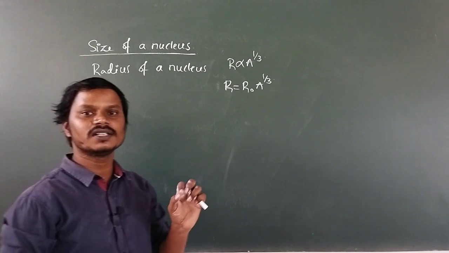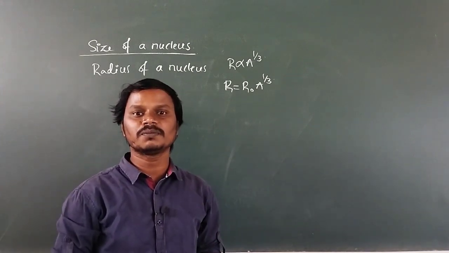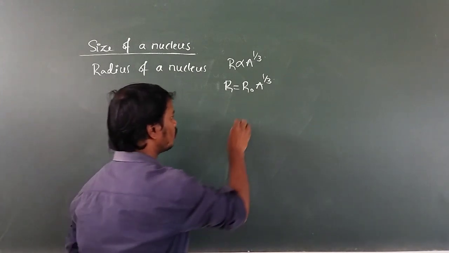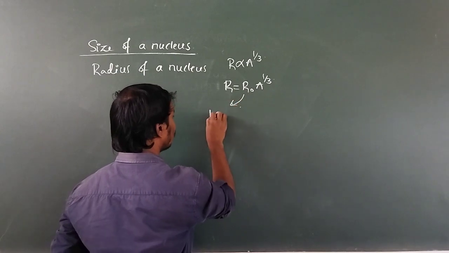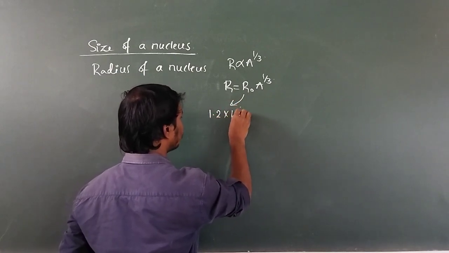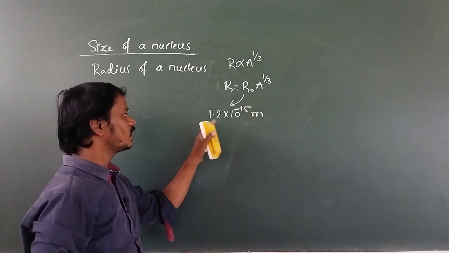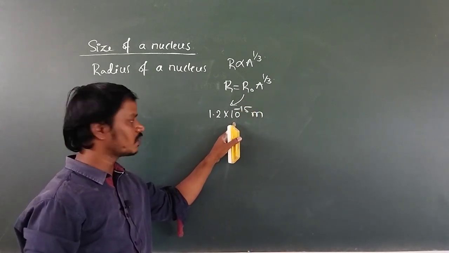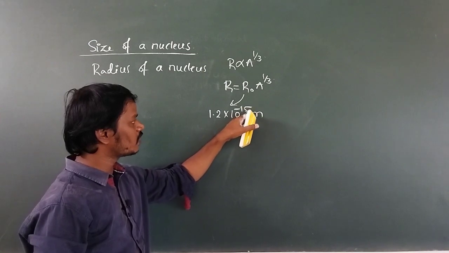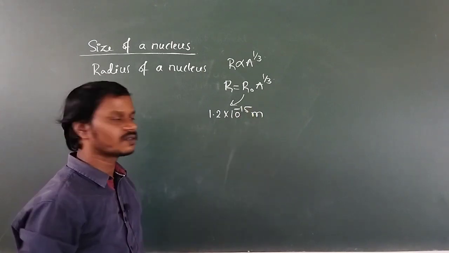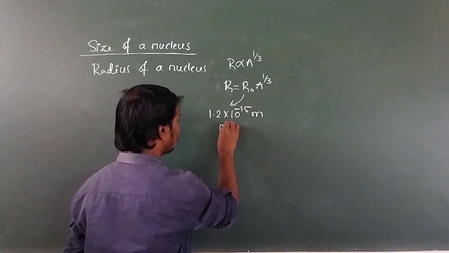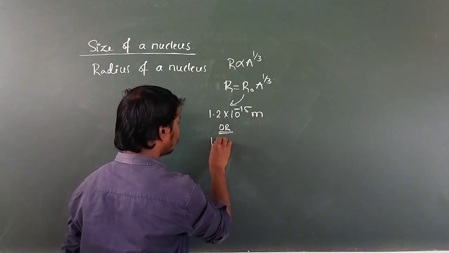The value of R naught is 1.2 into 10 to the power of minus 15 meter. It is also taken as 1.2 fermi, because 10 to the power of minus 15 meter is 1 fermi.